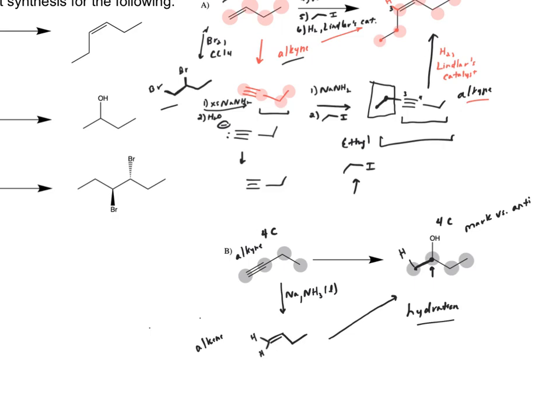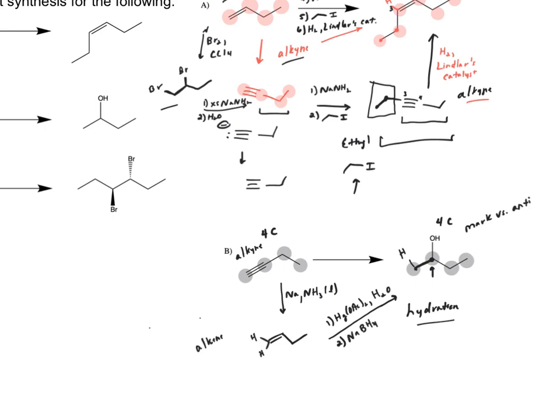Again, just to avoid the possibility of rearrangement, we're probably going to want to utilize that oxymercuration, demercuration reaction, right? So this guy would be mercuric acetate, Hg(OAc)2, in the presence of water. And then to remove that mercury, we're going to use the sodium borohydride.